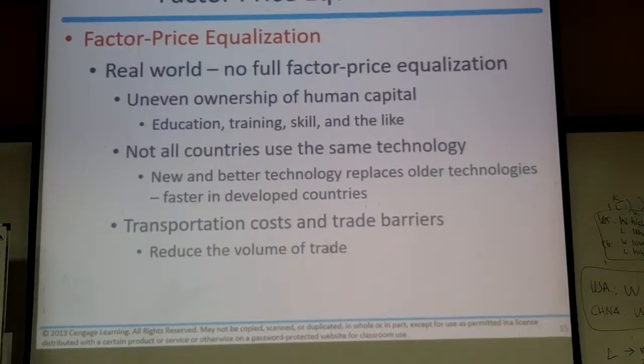Ceteris paribus. Assume the two countries, USA and China, have the same resource endowment. So this shape emerged because of taste.